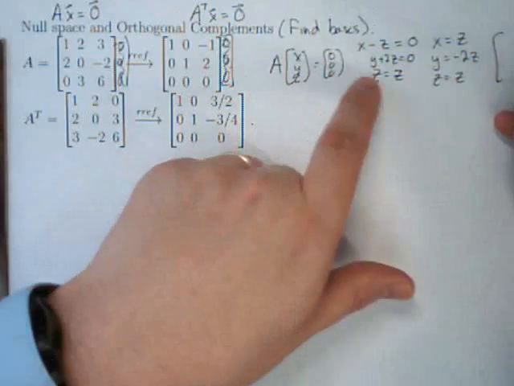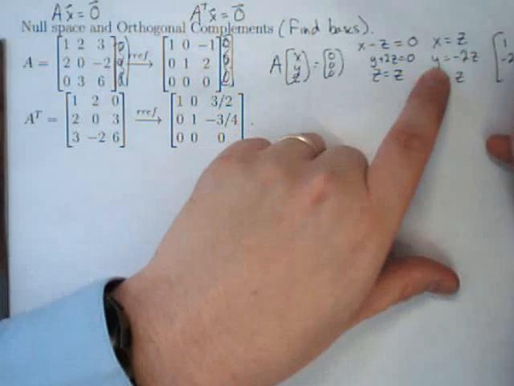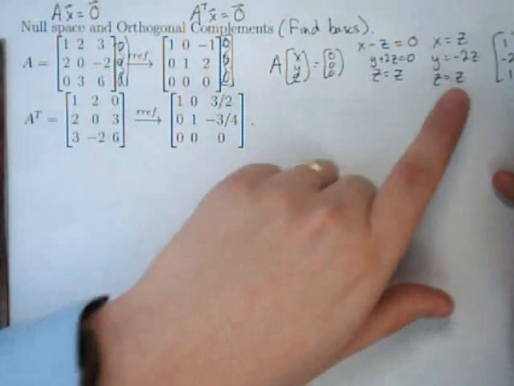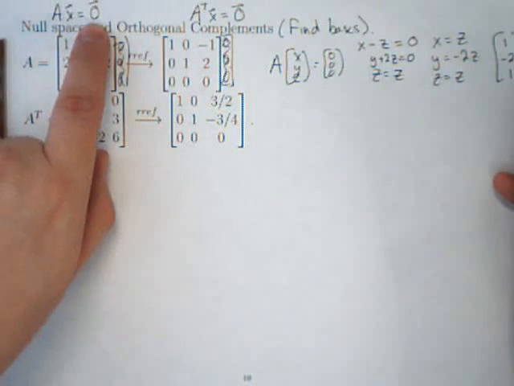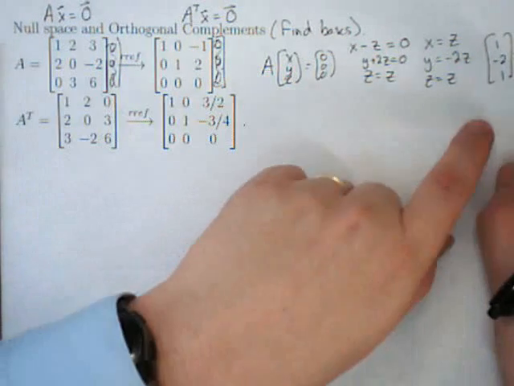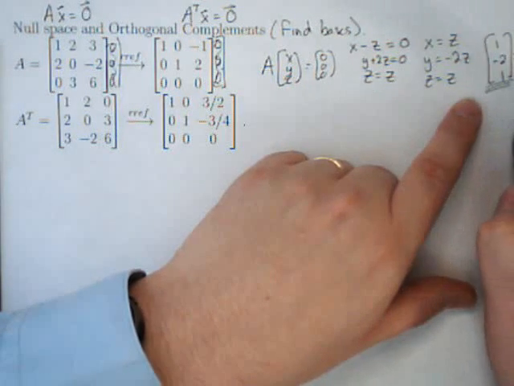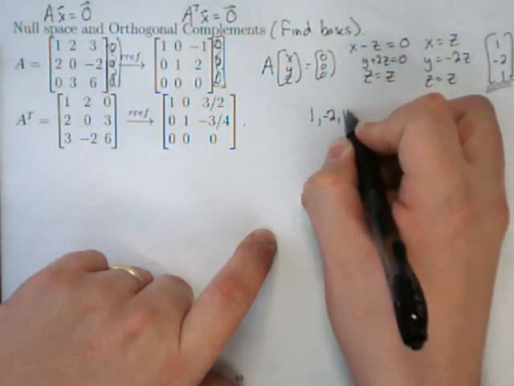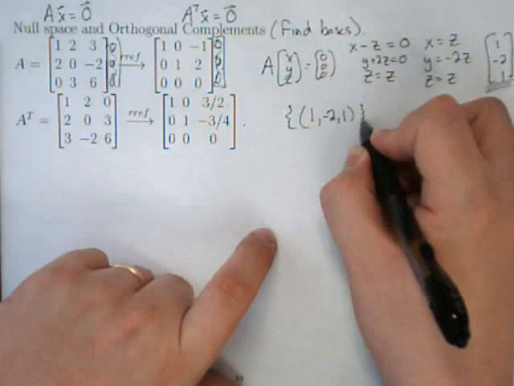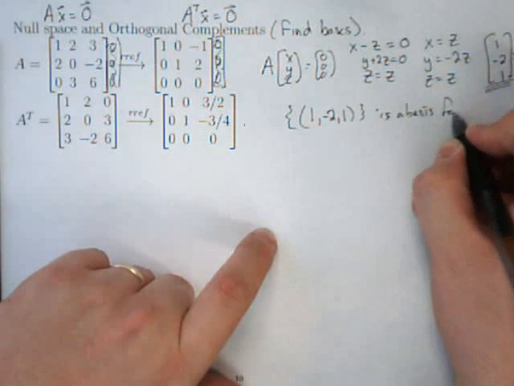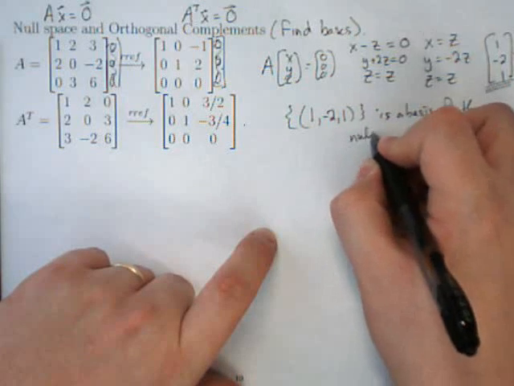That means if I take 1, negative 2, 1 and multiply it by z, I obtain all solutions to Ax equaling 0. So this vector, 1, negative 2, 1, is a basis for the null space.